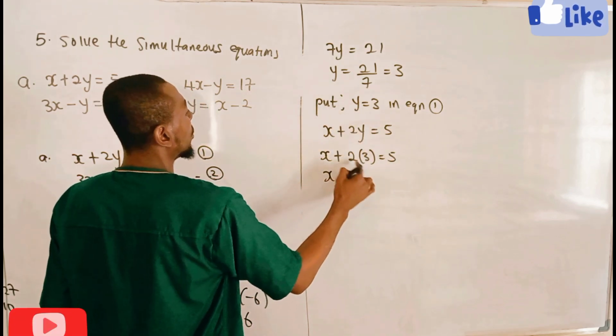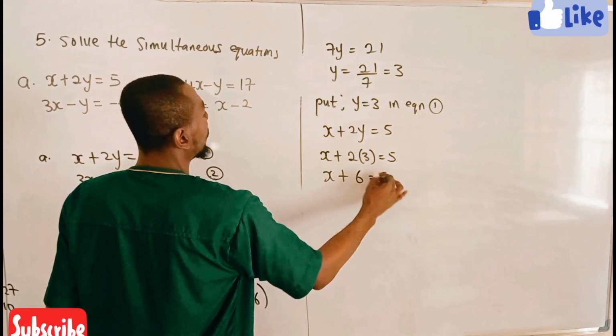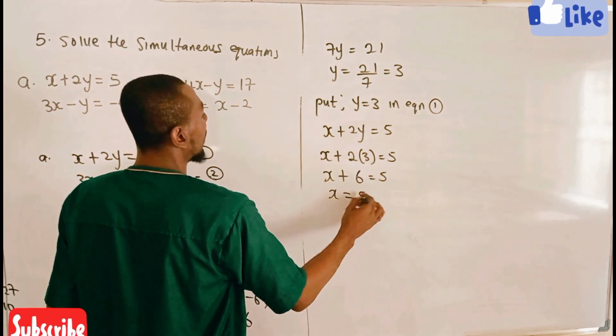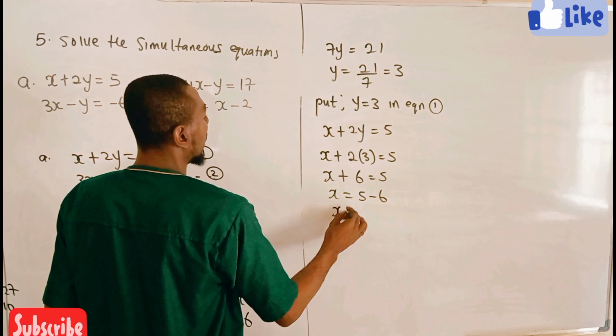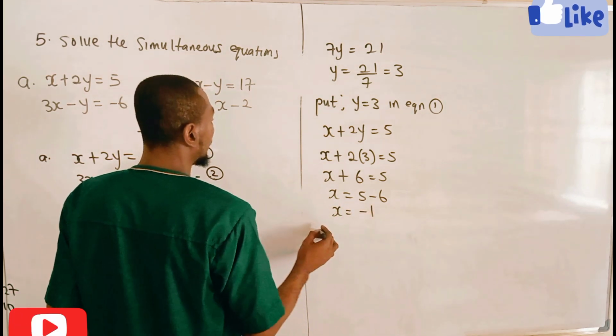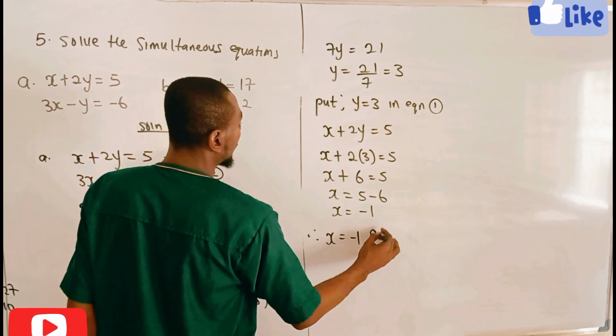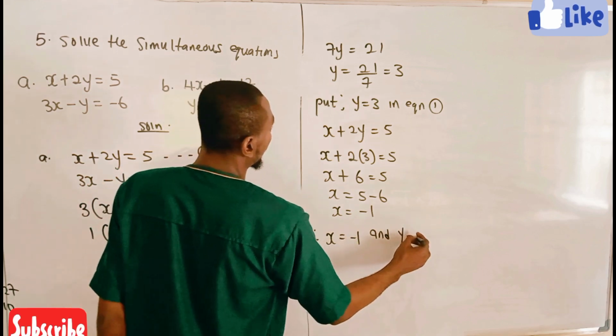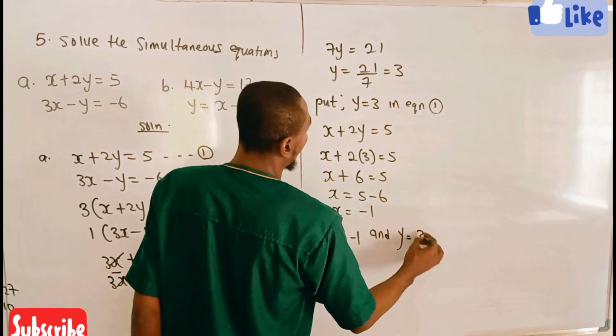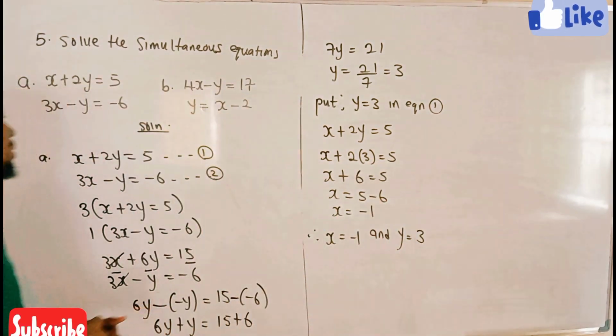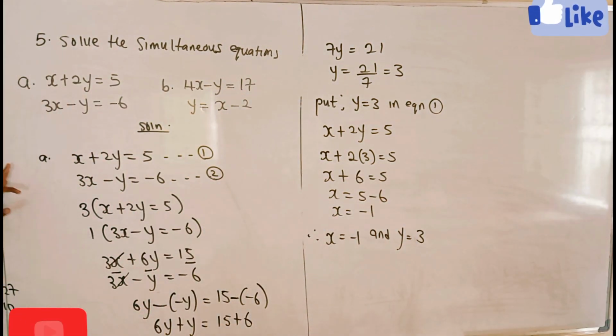So we have x plus 2 times 3, which is 6, equal to 5, and x is equal to 5 minus 6, and x is equal to minus 1. That's it. Therefore, x is equal to minus 1, and y is equal to 3. Okay, so that's the solution for A.